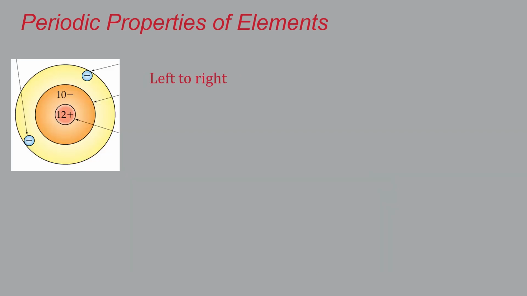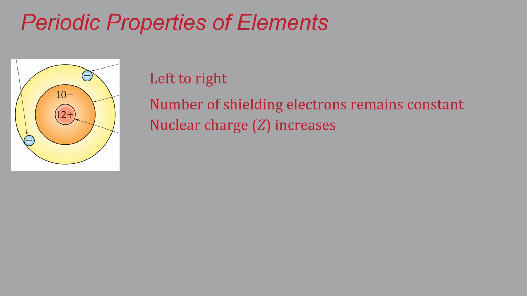Now the left to right trend is a little more complicated, but not much. So here's what's going on there. As we talked about before, the number of shielding electrons as you stay in one row is constant. But the nuclear charge is increasing, which means that by extension, the effective nuclear charge is also increasing.